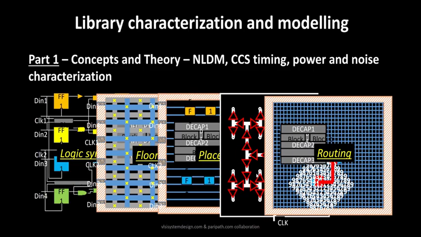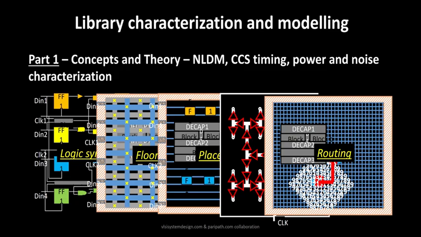Finally, in the routing stage, for example, if you want to route this cell with this cell, there is a certain flow that the routing has to go through, and it's typically dependent on the characteristics of this flip-flop and the other one. If you want to route from this point to this point, this is an example of the maze routing that we explained in one of my courses called physical design flow.